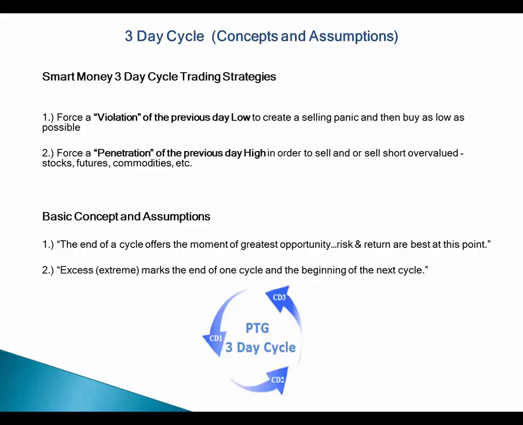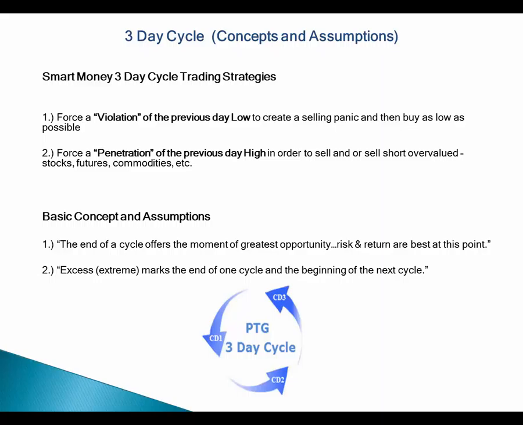And again, we have projections and probabilities of those levels being achieved, and if they fail to be achieved, then the cycle pretty much completes, and then the new cycle begins. And as we saw today, cycle day 1 was a normal decline day, and we're going to get into that in the next slide or two.